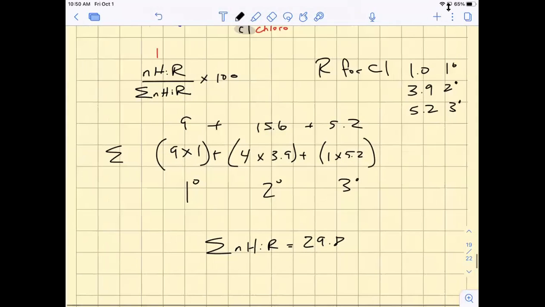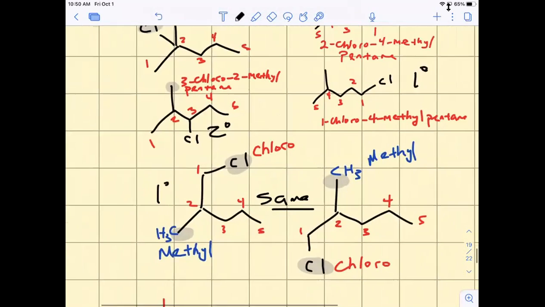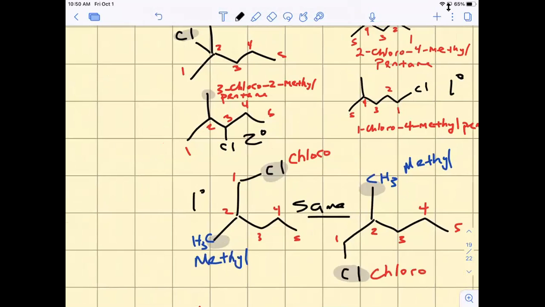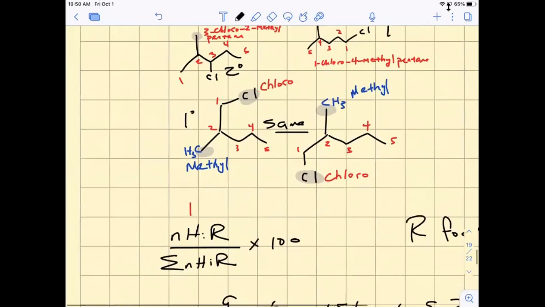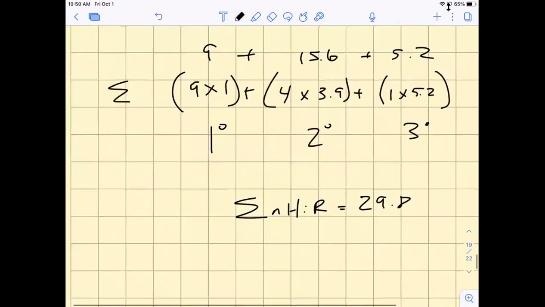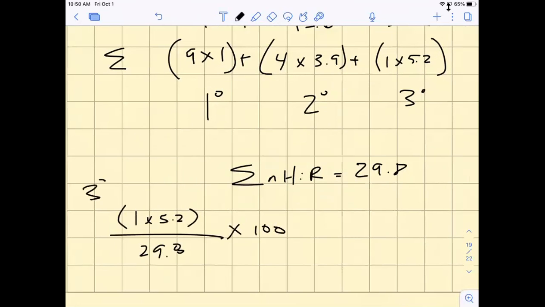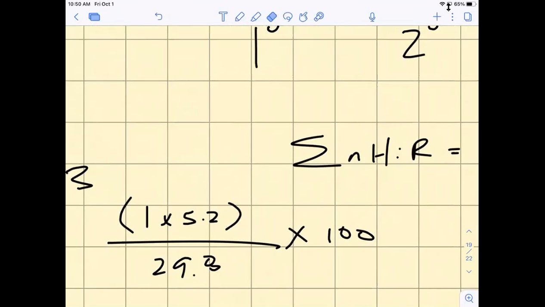So now it's just a matter of applying the equation. If we want to figure out how much of each product we're going to get, we can apply the equation for each one. Let's do the tertiary one first. So tertiary is 1 times 5.2 in the top divided by 29.8 times 100. This is the tertiary product. Help me out with the calculation.